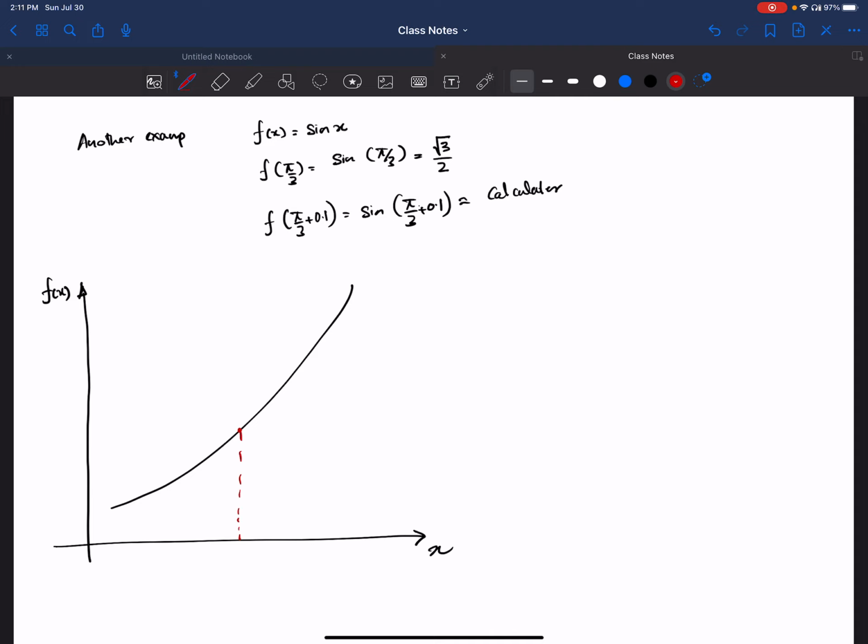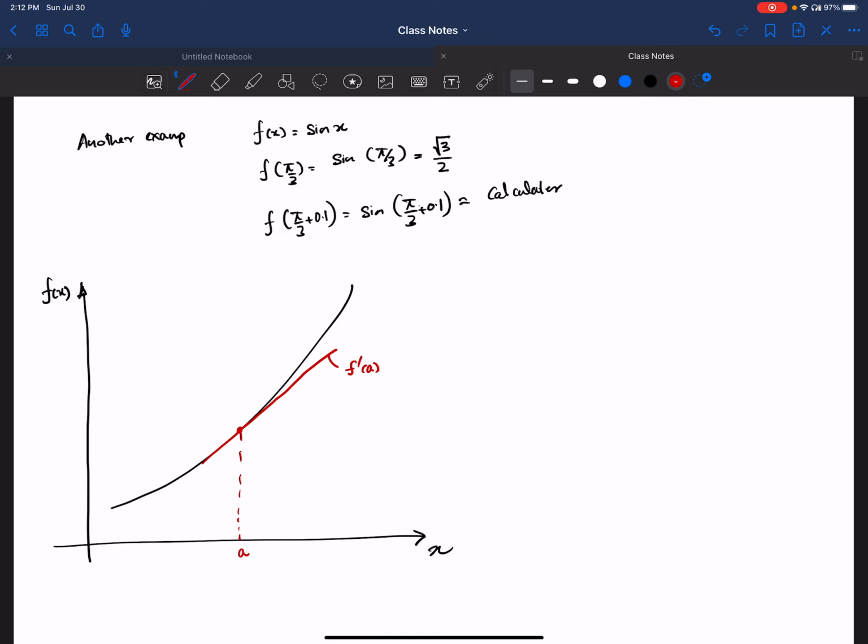Let's say this is a known point a. If I draw a tangent right here, the slope of the tangent at that point is f prime a.